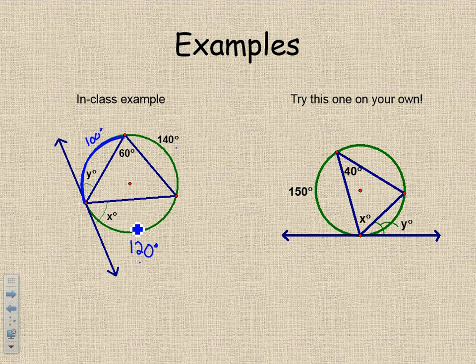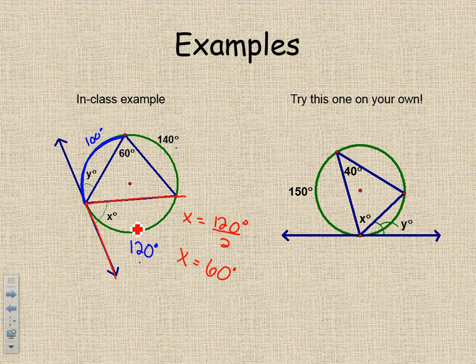Okay, so now when I go to solve for x and y, those are the numbers I'm going to cut in half. So now x is going to be formed by this chord and tangent, and then its intercepted arc is 120. So now to find x, I'm going to take 120 and just divide it by 2. So then x is equal to 60 degrees.